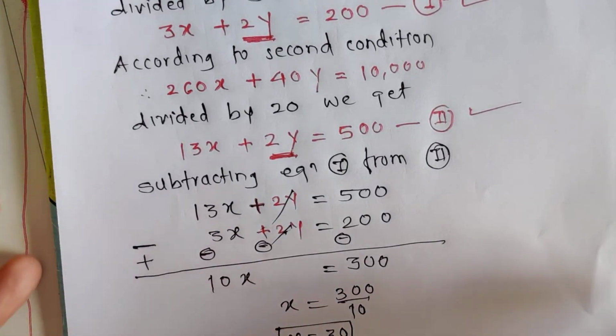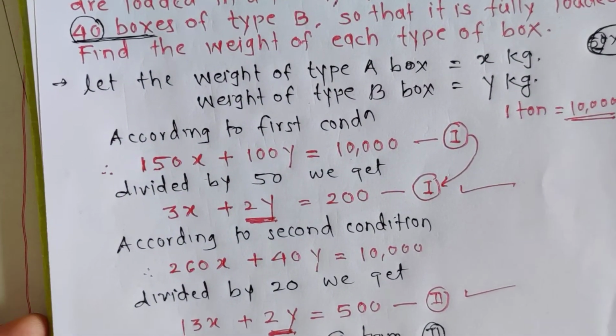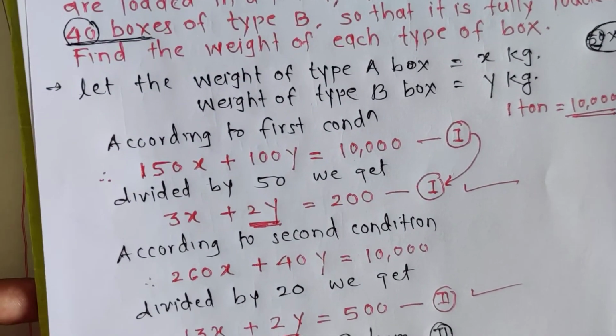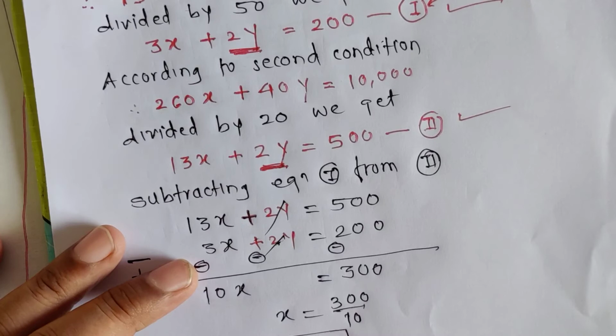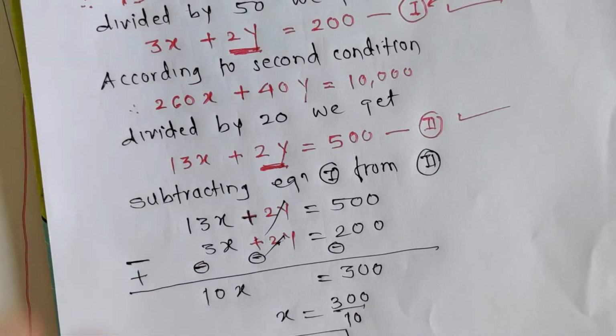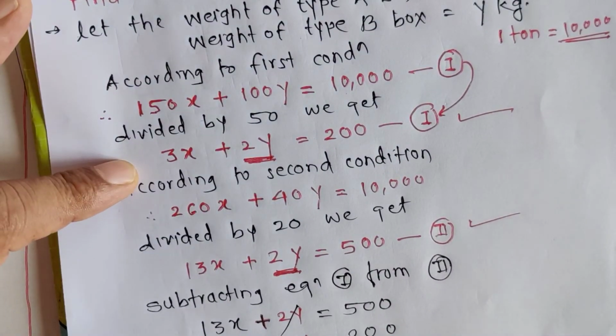Now in this example we have to find the weight of each box. So the weight of type A box we get, x is equal to 30. So how to find the second one? Substitute this value in any equation. So substitute in equation number 1.